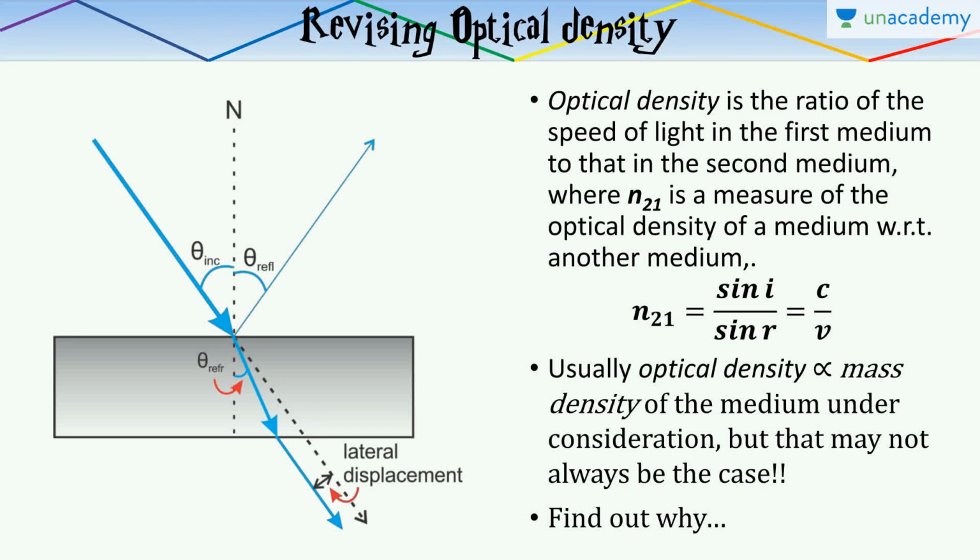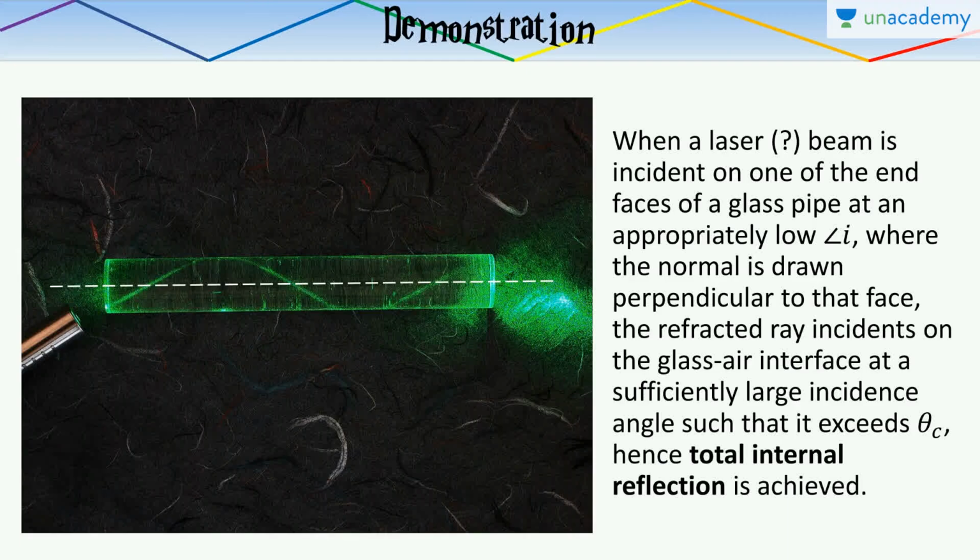You may interchange it according to your needs, where the refractive index of the denser medium with respect to the rarer medium is given by this, and refractive index is a measure of the optical density. Usually optical density is proportional to the mass density of the medium, but that may not always be the case. Find out why.